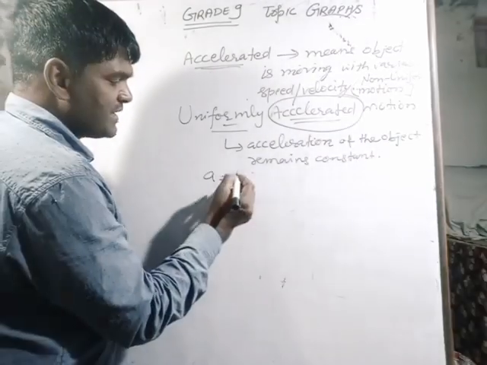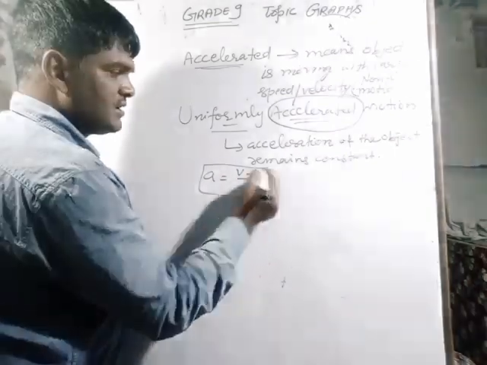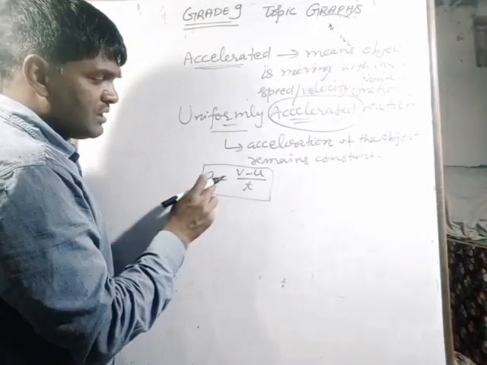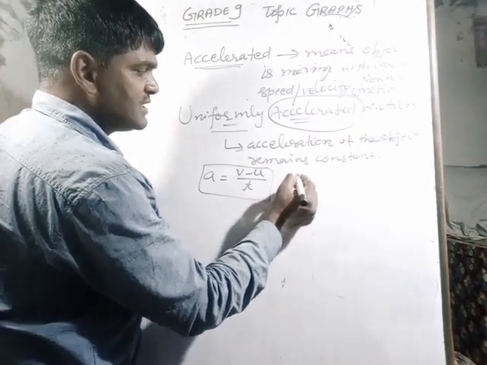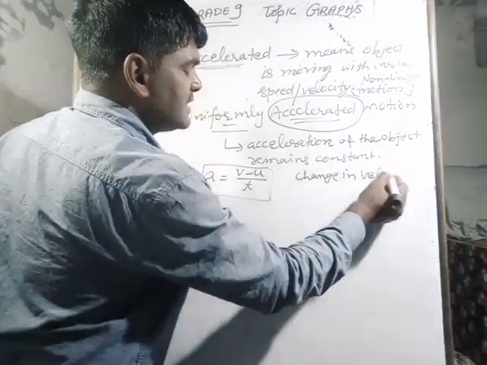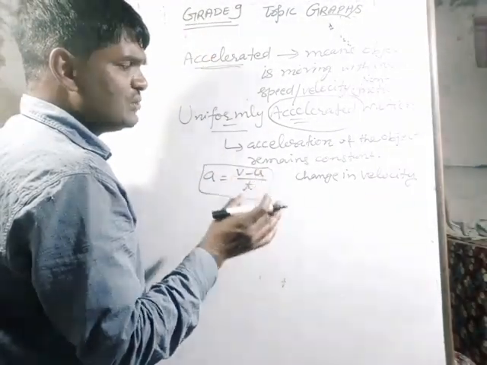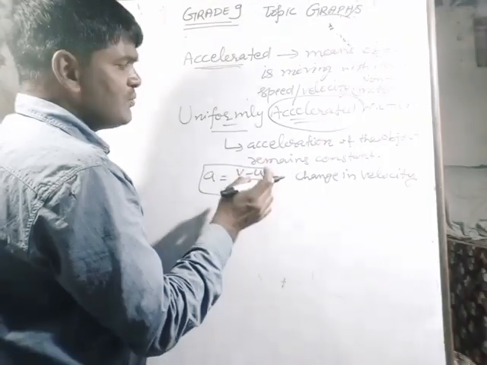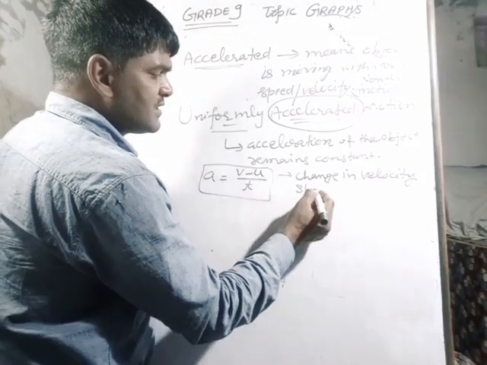Since acceleration depends upon v minus u upon t, where v minus u is the change in velocity, finally we can conclude that for uniformly accelerated motion, change in velocity should remain constant.